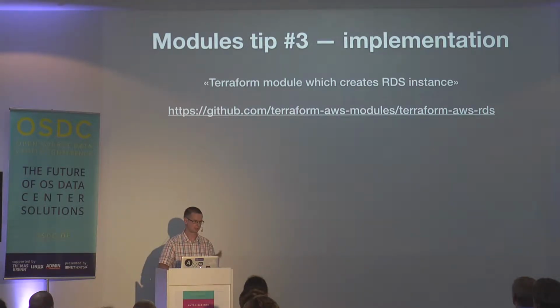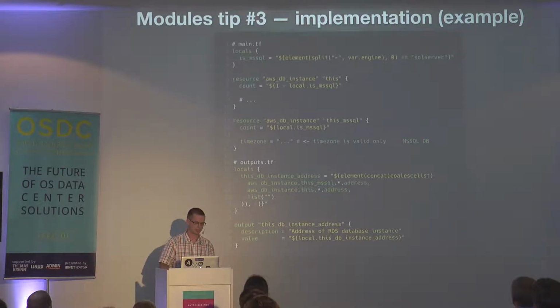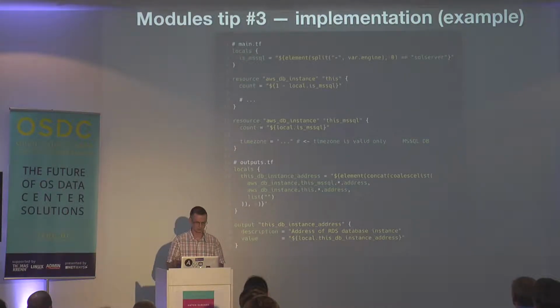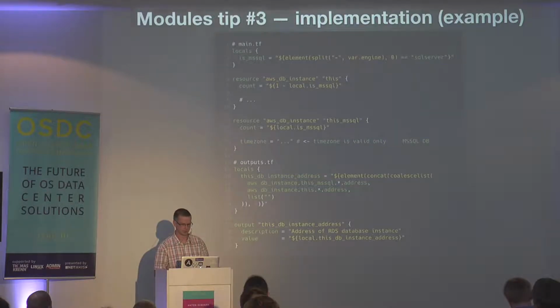For them, it is a single invocation where they pass what type of database they want to make and what key values they want to pass into it. Internally, you can use code like here, where I check that if this is SQL Server, then create a specific type of resource. If this is something else, then create it.